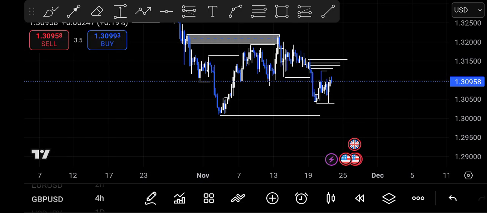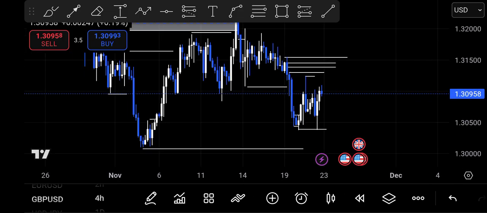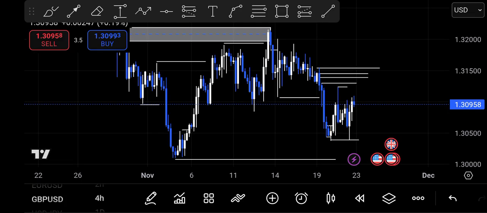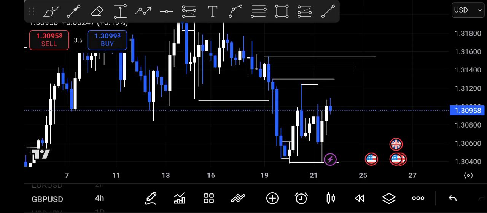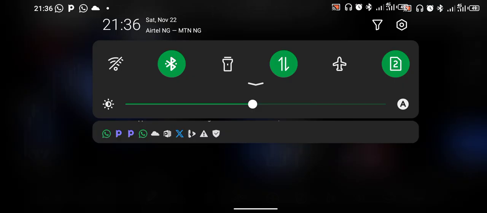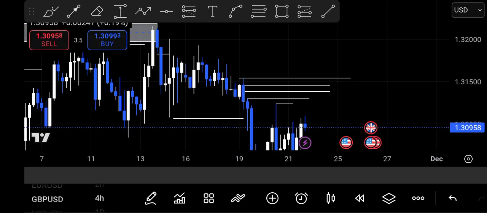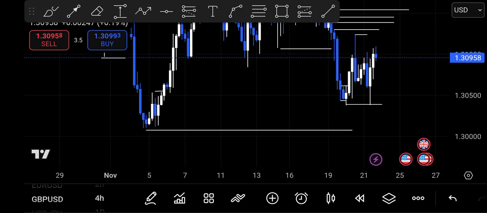Now that we already know that we are moving to the downside, price could potentially move to the downside. So now our main aim or purpose is to focus on current market price somewhere around here.